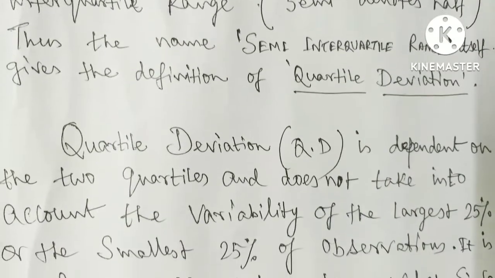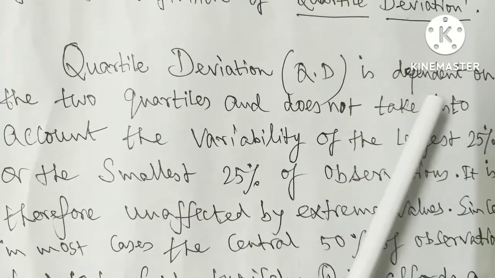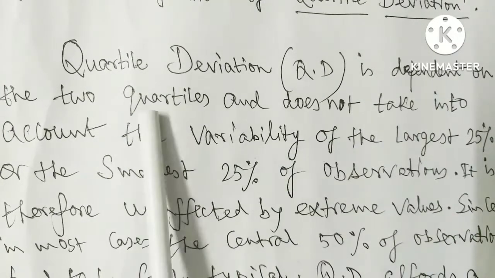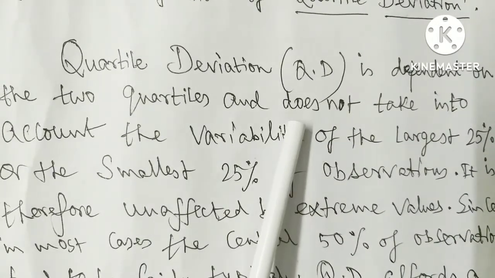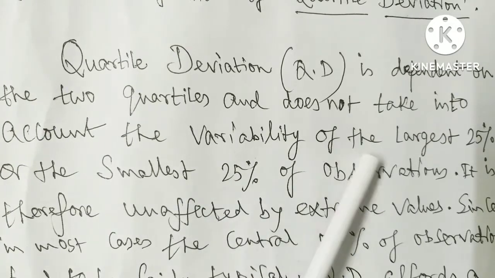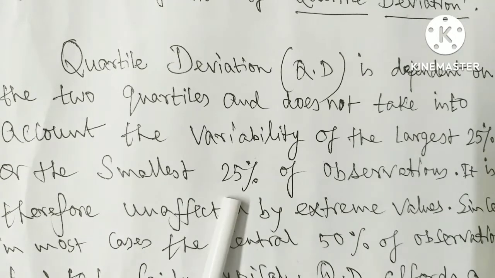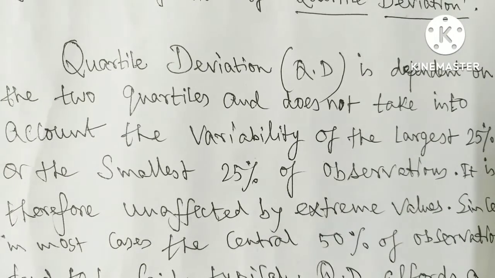Now, quartile deviation is dependent on the two quartiles and does not take into account the variability of the largest 25% or the smallest 25% of observations.